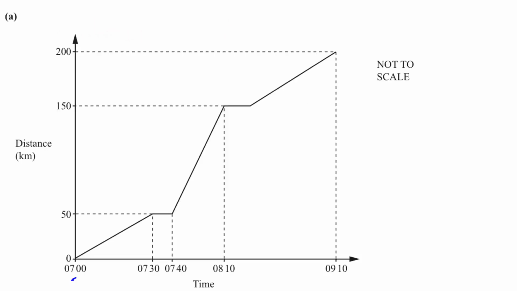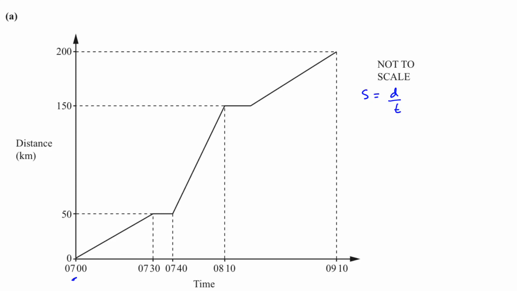A2, find the average speed for the whole journey. We are going to use the same formula we used before. Speed is equal to distance over time taken. The total distance is 200. And the time from 7 o'clock till 9:10 is 2 hours and 10 minutes.